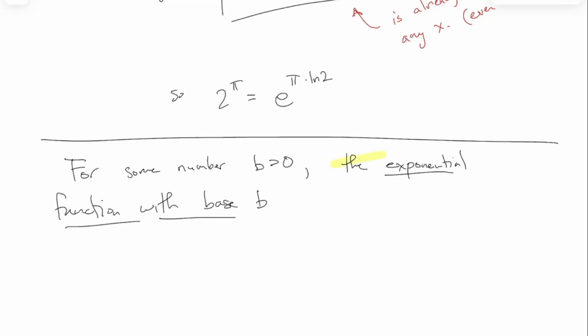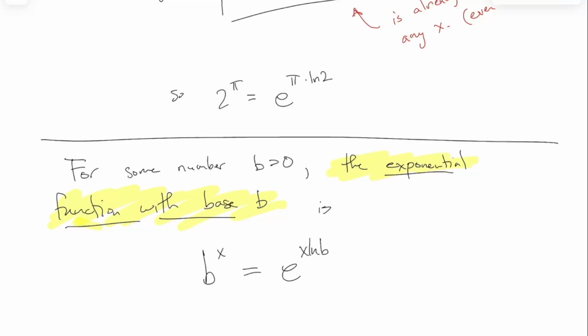What if I use my highlighter, huh? Isn't that cute? The definition is b to the x equals e to the x ln b. That's the definition of b to the x. All right.